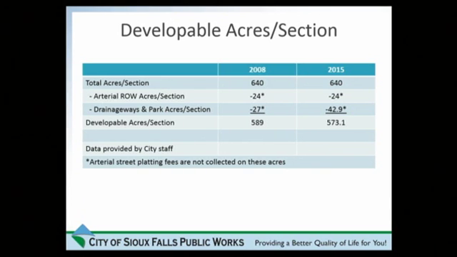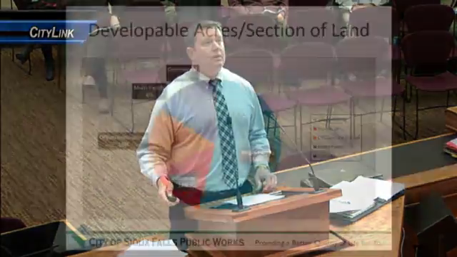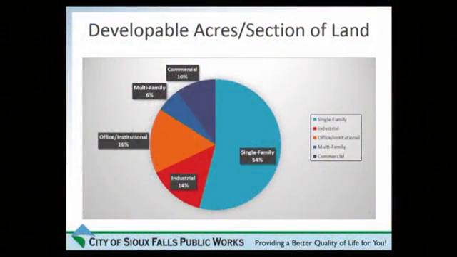So what that does mean, again, is that the amount of money you have to generate does increase because you have fewer acres that are paying the fee. Okay, we talked about the 573.1 acres. This depicts the percentage of how a typical section develops. So 10% commercial, 6% multifamily, all the way up to 54%, which is single family.